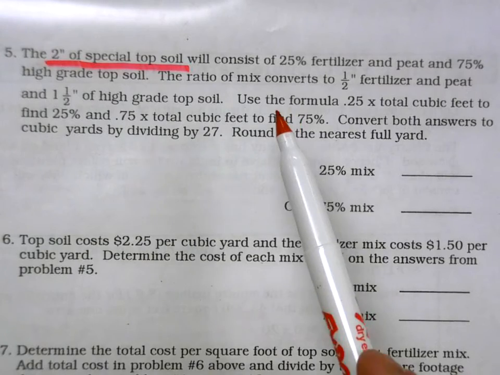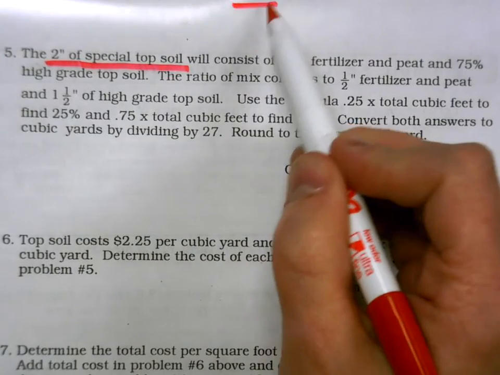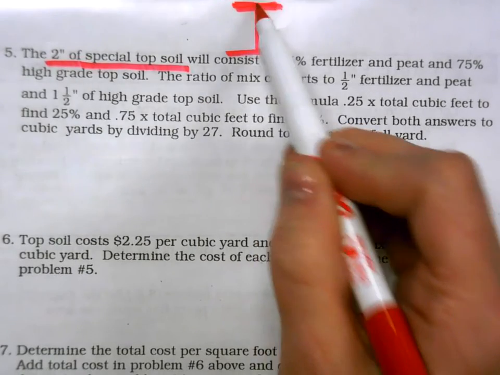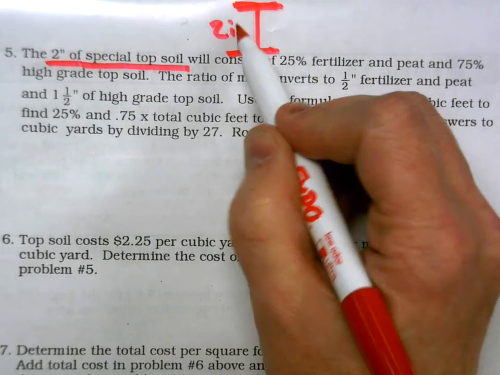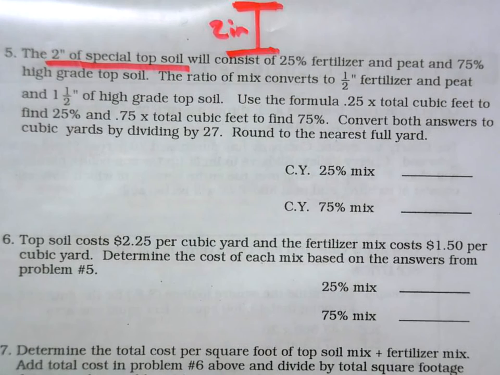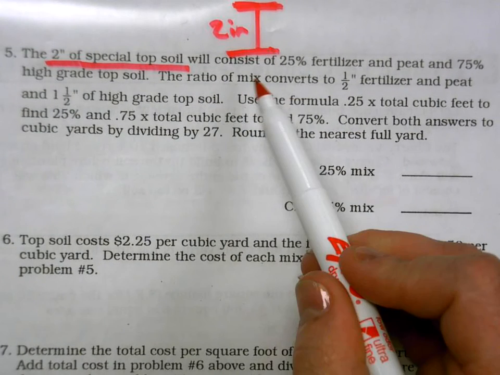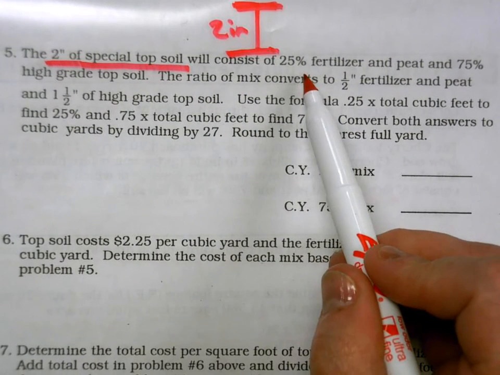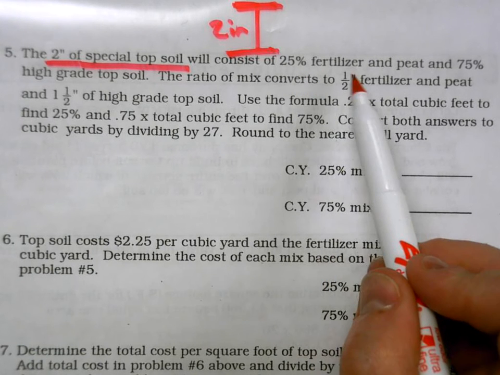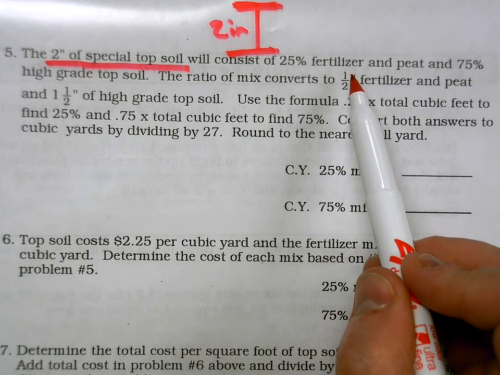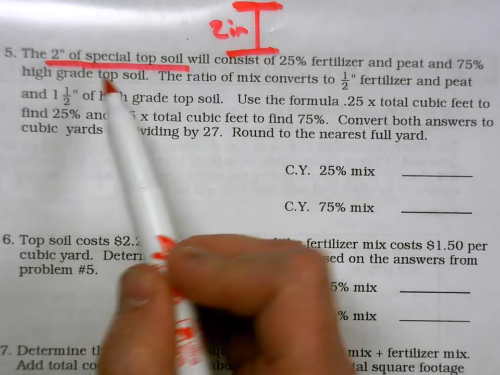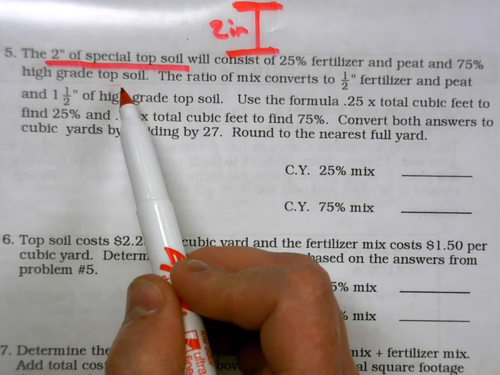Okay, so that's the total that we're going to have. So this is going to be 2 inches deep, right? And 25% of that is going to be fertilizer, and 75% is going to be high-grade topsoil.